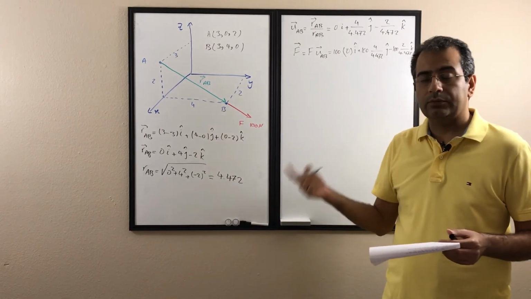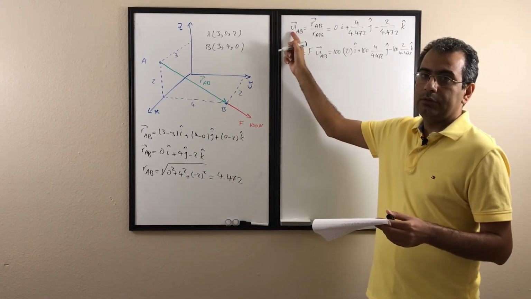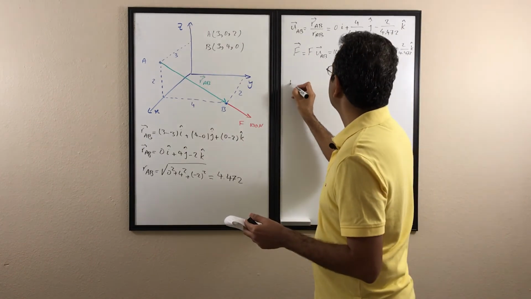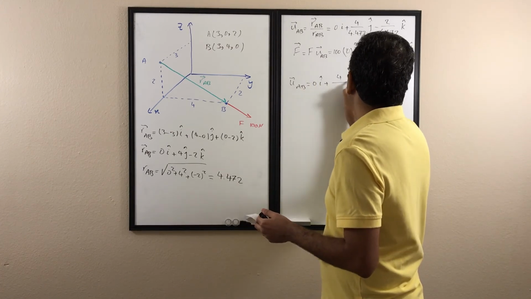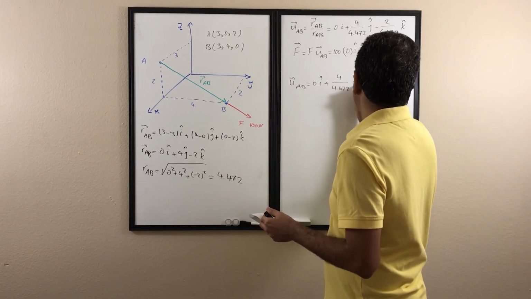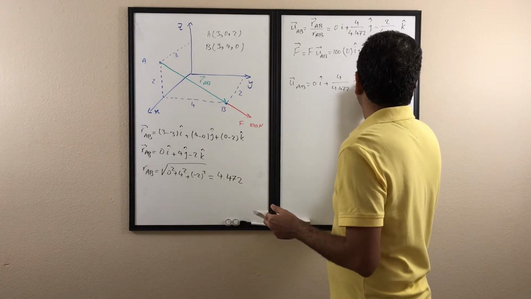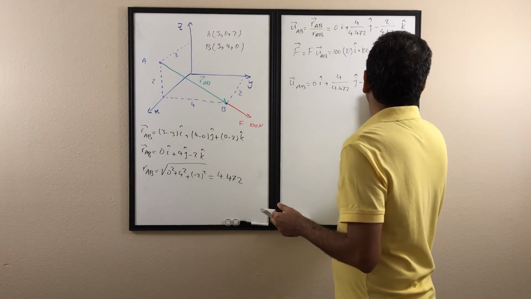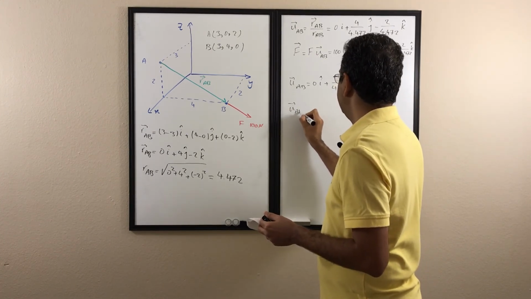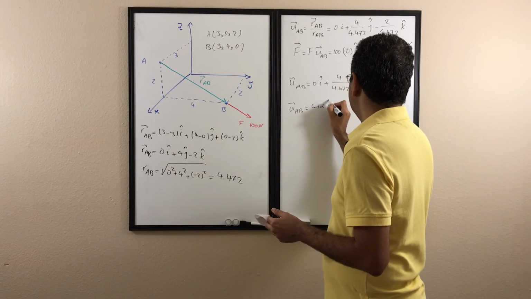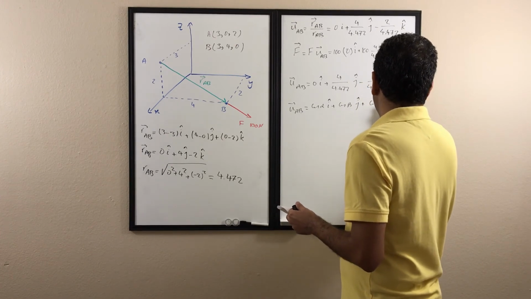The second thing is that we want to find its direction, and whenever we want to find the direction, we go right to the unit vector. So I'm going to write it again down here. U_AB is 0i plus 4 over 4.472 j minus 2 over 4.472 k. And we also know that U_AB is cosine alpha i plus cosine beta j plus cosine gamma k.